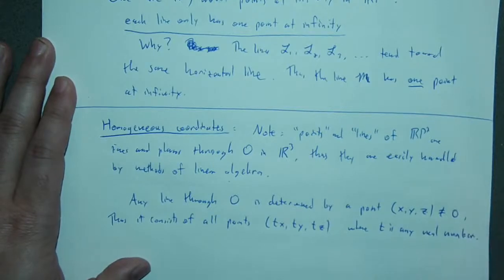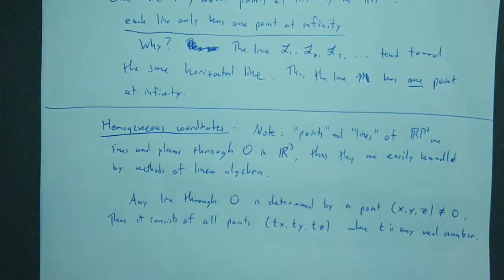Every point along that line is tx, ty, tz for some real number t, once you have a point on the line that's not the origin.